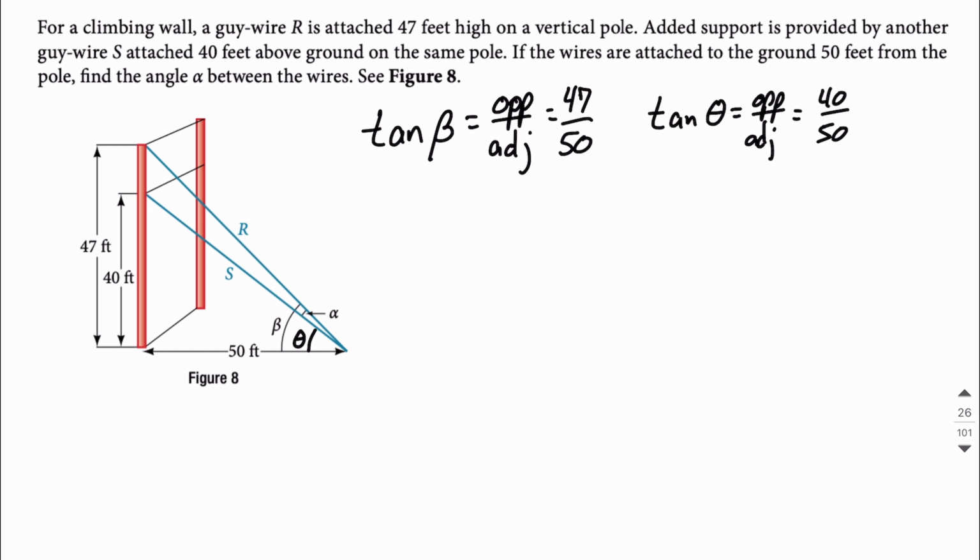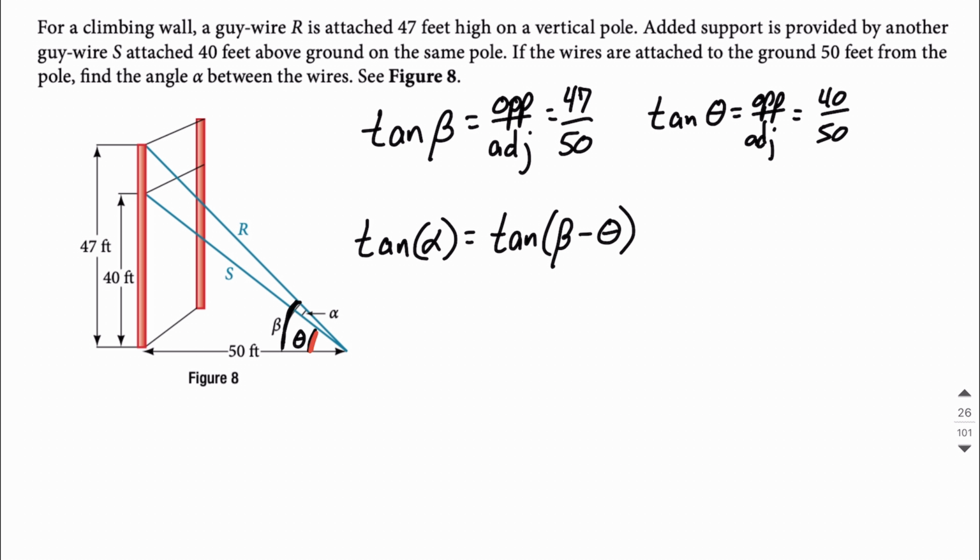Next, let's try to go ahead and represent tangent of alpha. It's going to be the same thing as the tangent of our bigger angle, in our case beta, minus our smaller angle theta. All right, so think about that. If we took our bigger angle and we subtracted away our smaller angle, what remains should be that alpha in the middle.